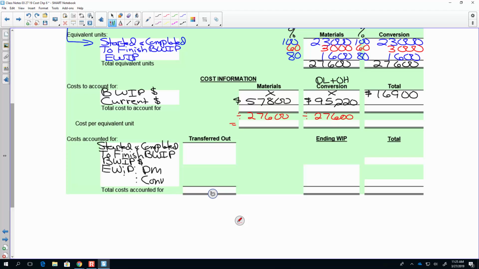Because I'm going to equal $209 under materials, $345 for conversion. So I'm going to add these two together to give me 554, right? Yes.